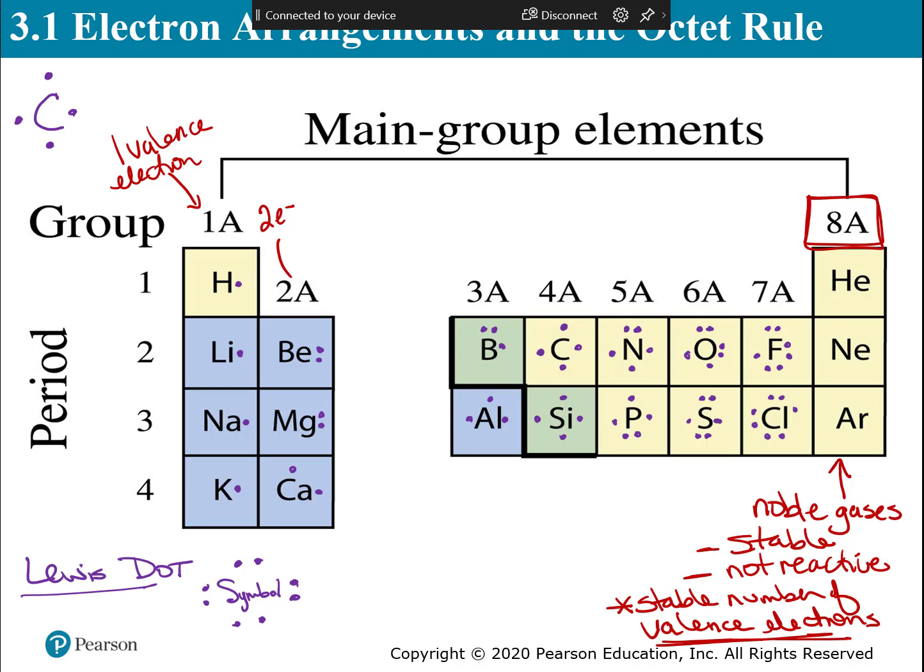So when we get to helium, what does helium have? How many dots? Nope, doesn't have 8. This is like the exception to the rule. It has 2. Look at your periodic table. Do you see that helium has 2? How many electrons fit in the first energy level?